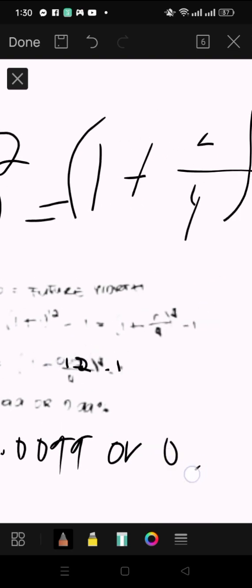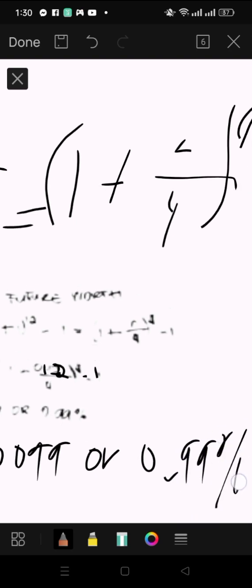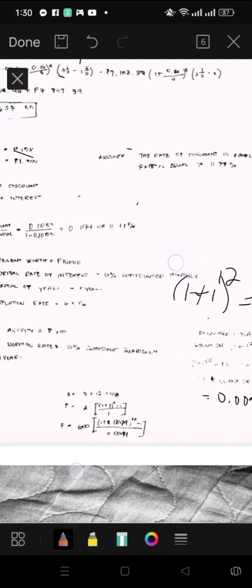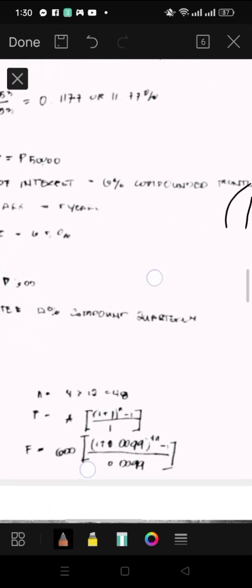So F is equal to A quantity of 1 plus I raised to the power of n minus 1 over I. So substituting, the given is 600.